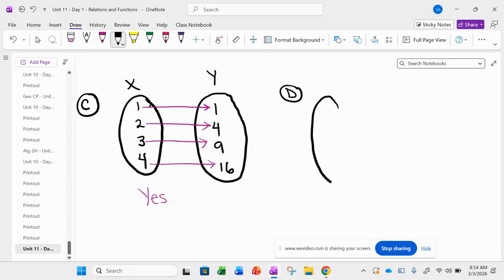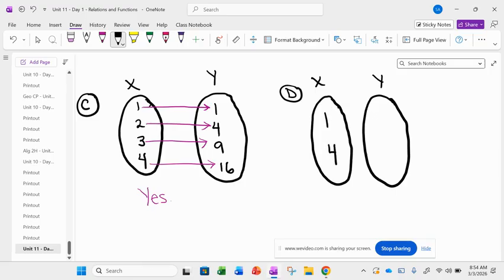Okay, the next one. Again, here are my x's, here are my y's. 1, 4, 2, 3, 5. So we're going to say 1 goes to 2, 1 goes to 3, 4 goes to 5.